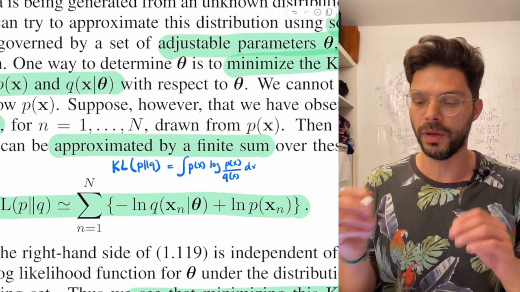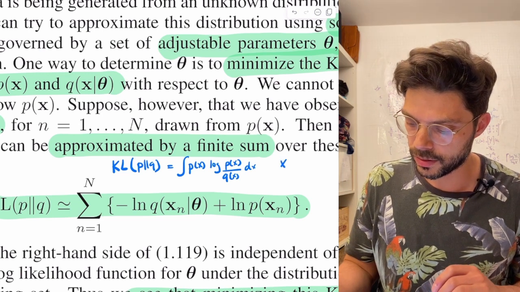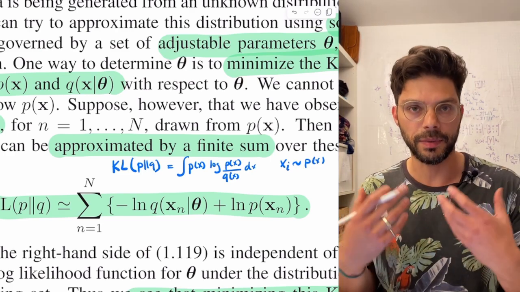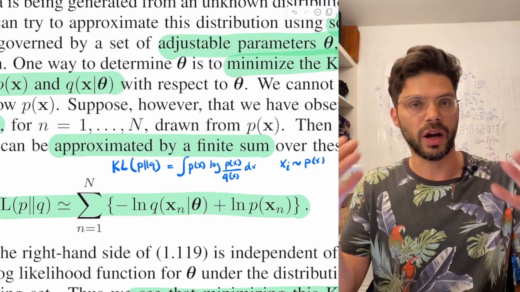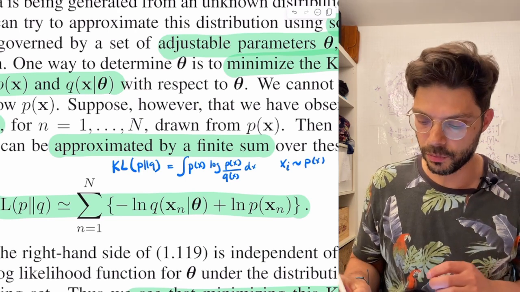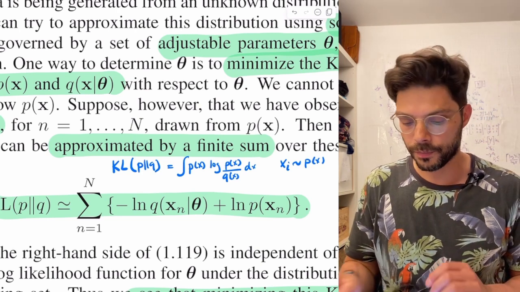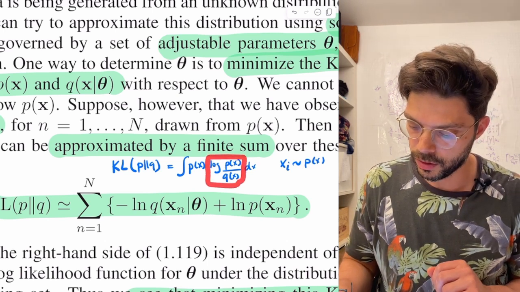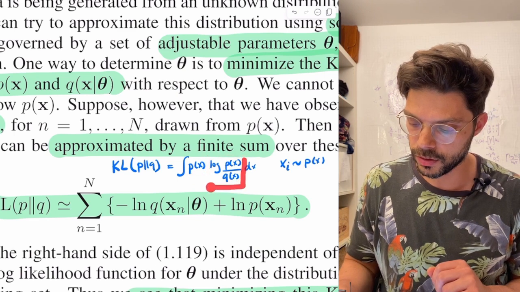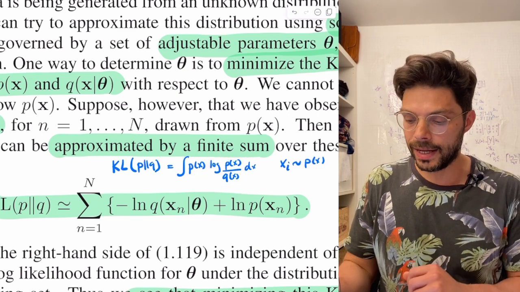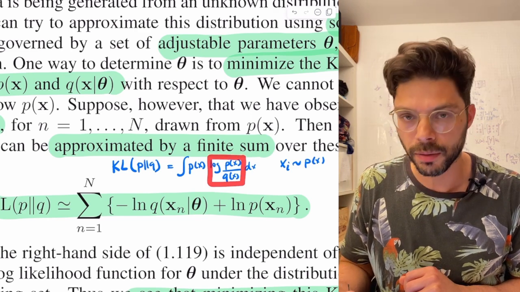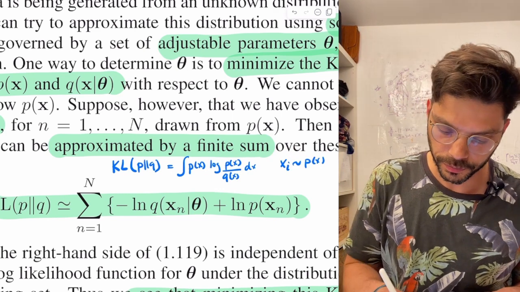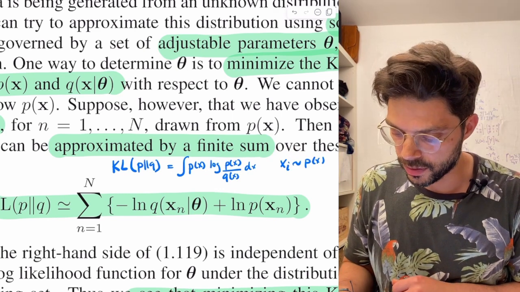Essentially, what we assume is that we can sample xi's from P of X, which is the same as saying we've actually got some pictures of faces. So now we can approximate the term we're trying to average by just adding up the corresponding terms for the samples that we have, and then dividing by n.